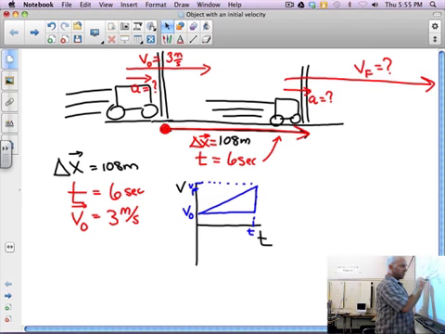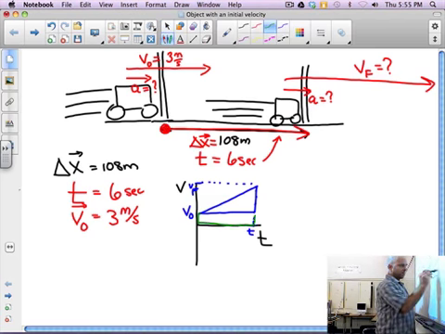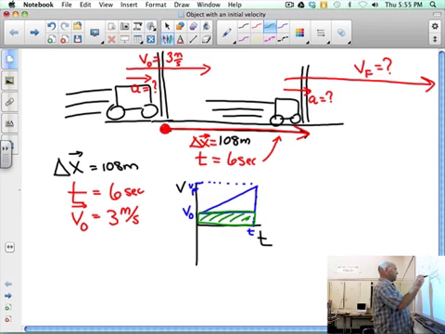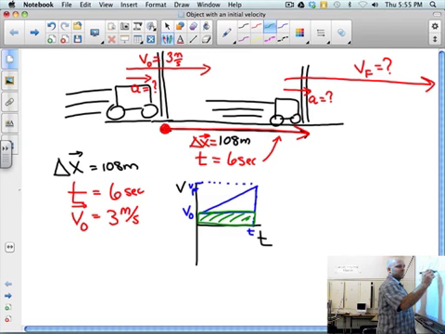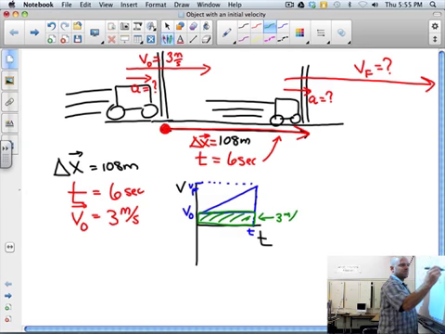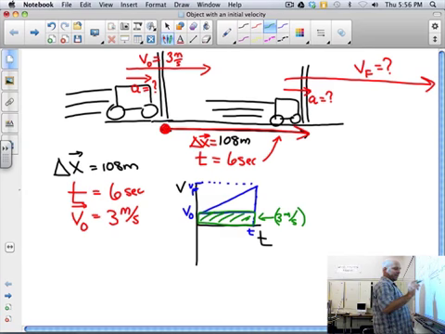And down here, we have a rectangle. Okay? The rectangle area is going to be whatever the initial velocity is. Looks like it's 3 meters per second. So this rectangle area is 3 meters per second times our time, which is 6 seconds.